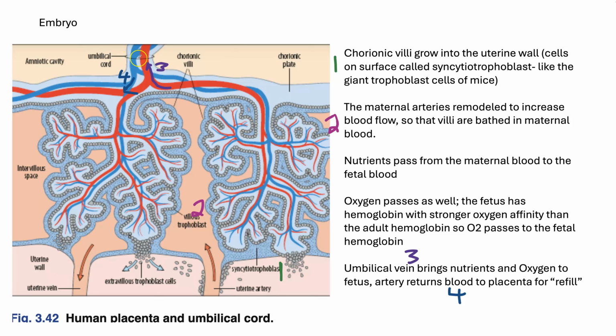The villi are connected to the embryo's arteries and veins, but what the syncytiotrophoblast cells are actually doing is working their way into the uterine lining, and they are remodeling it so that the arteries and the veins are opened in such a way that it creates little areas that are just pools of maternal blood.